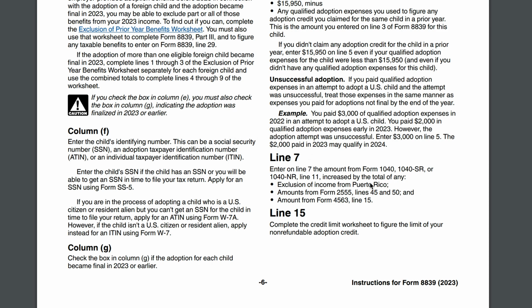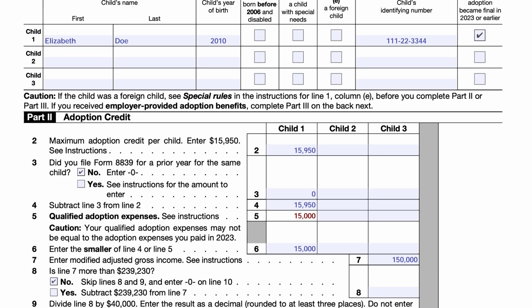So basically, if you excluded any amounts of income from Puerto Rico, if you claim a foreign earned income exclusion on IRS Form 2555, or if you're a resident of American Samoa that excluded certain income from Samoa, then you have to add those exclusions back. So most people don't have to worry about that. But again, if you're excluding income from Puerto Rico, American Samoa, or if you're claiming the foreign earned income exclusion, either the income exclusion or the housing exclusion, then you have to add those back in.